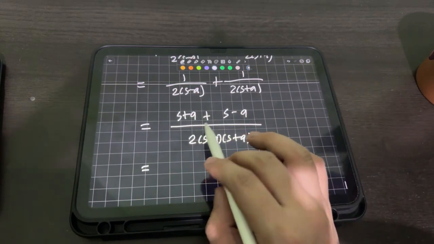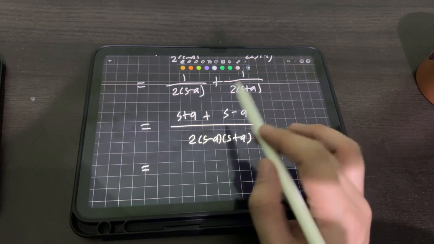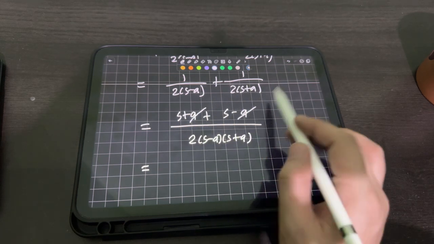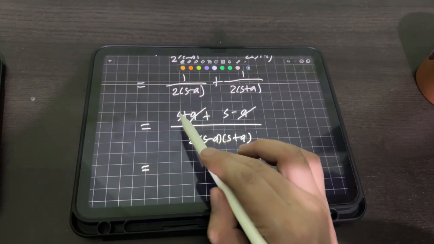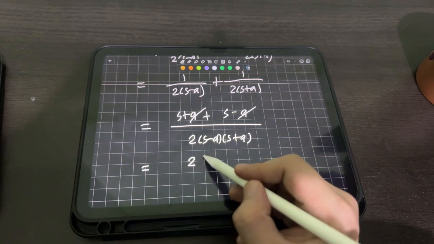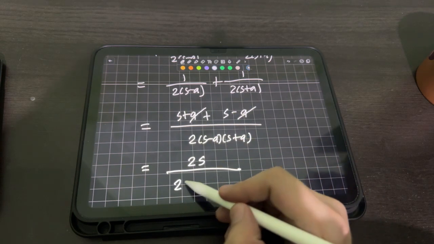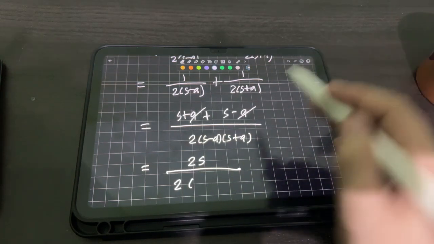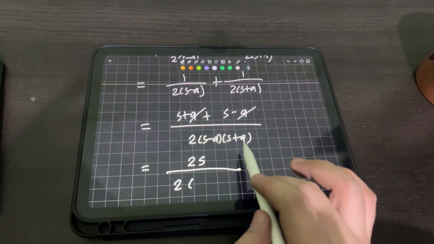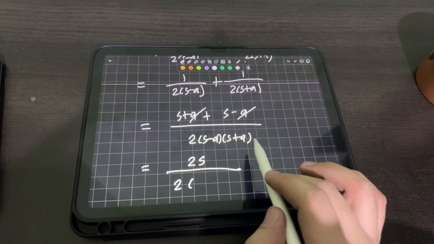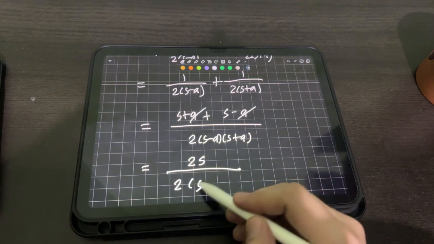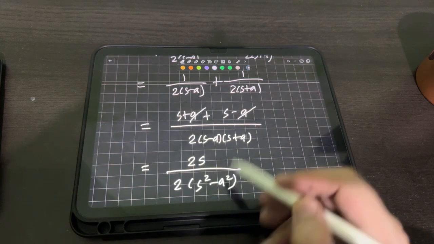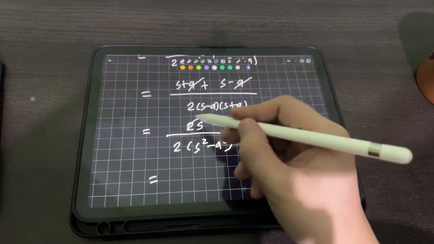Combining similar terms on the numerator, you can cancel out a because a minus a is 0. Then s plus s, 2s, over 2 times s minus a times s plus a. Difference of two squares, right? s square minus a square. You can cancel out the 2.